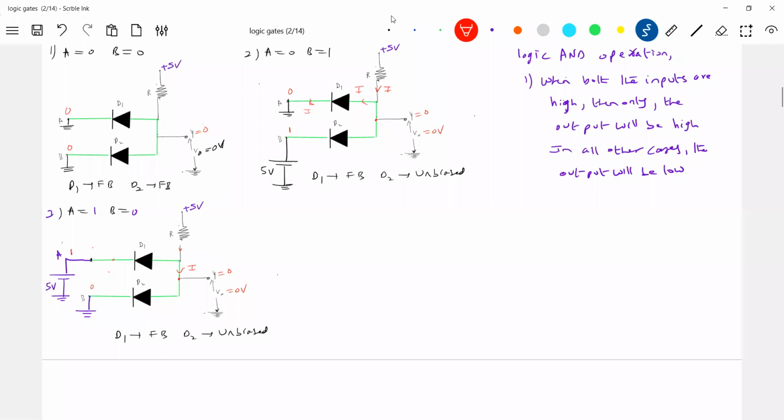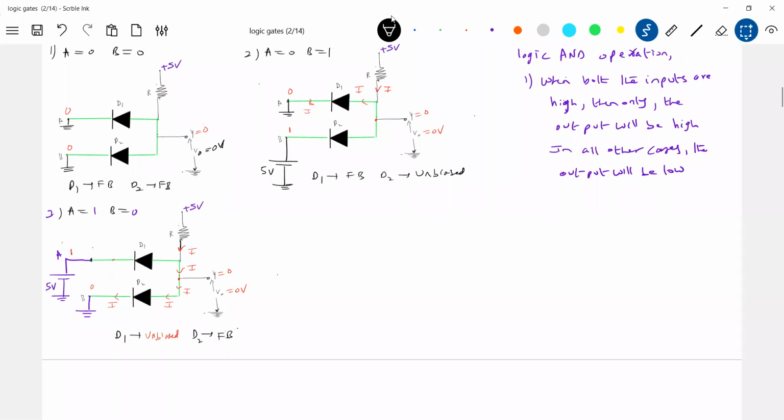The current will take a path like this. So D1 will be unbiased, and D2 will be forward biased. Similar situation. So then what will be the output voltage? 0. So Y will be 0. Output will be 0. So for any one input low, the output will be low.